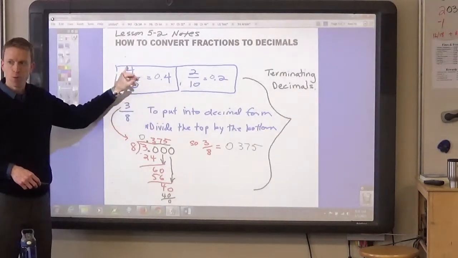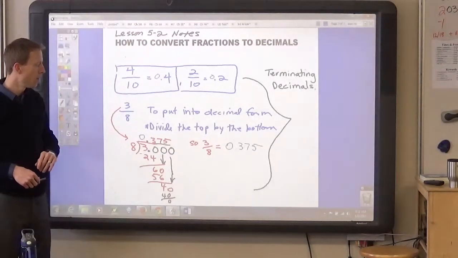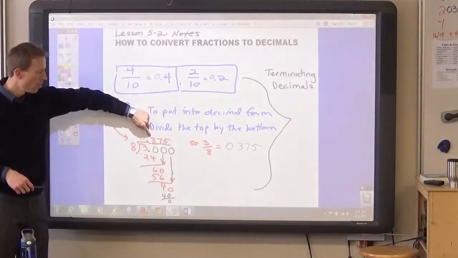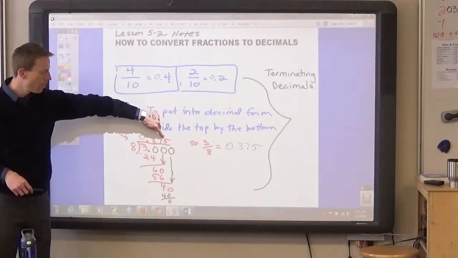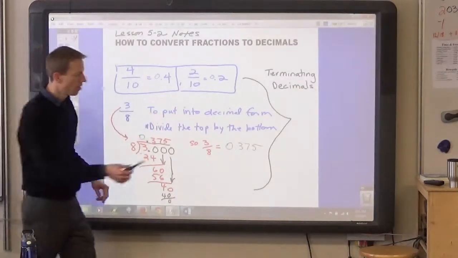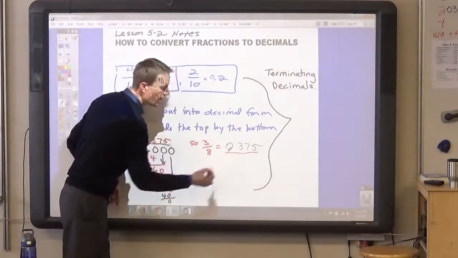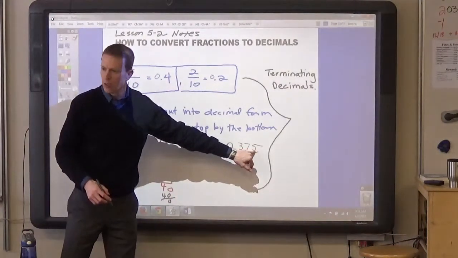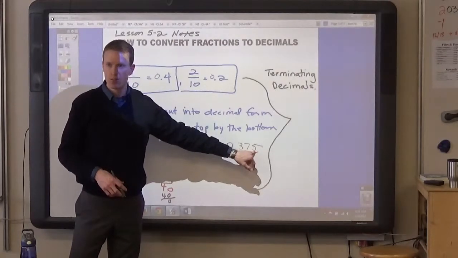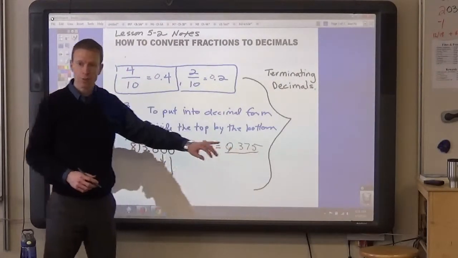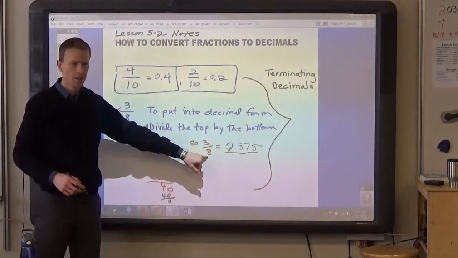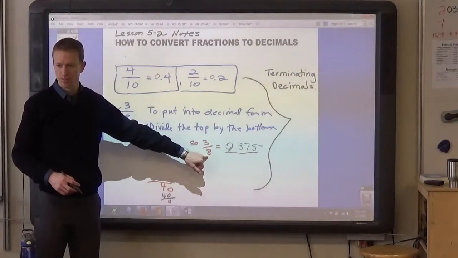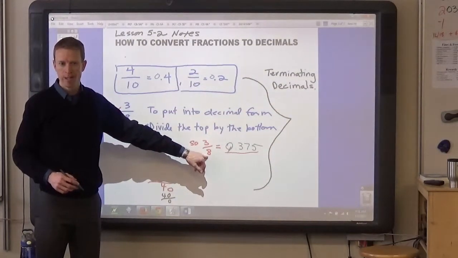So 4/10 gives you 4/10. Look at this one, 375 thousandths. When you read that, it gives you the fraction 375 over 1,000. But then if you reduced it, you would end up with 3/8. Remember that?